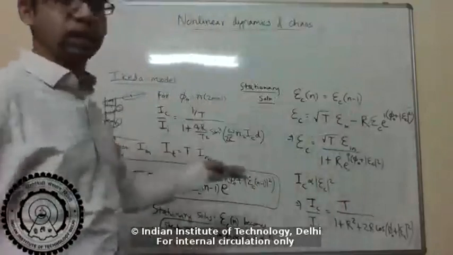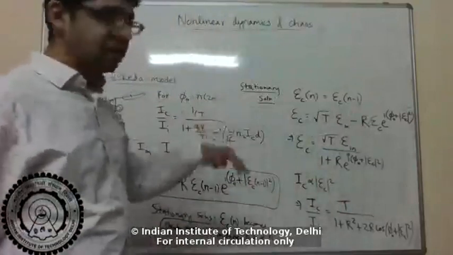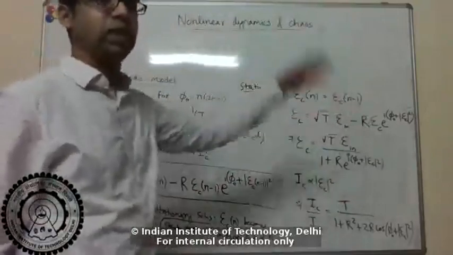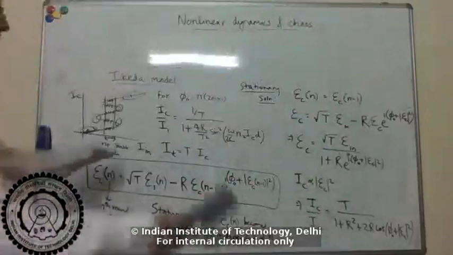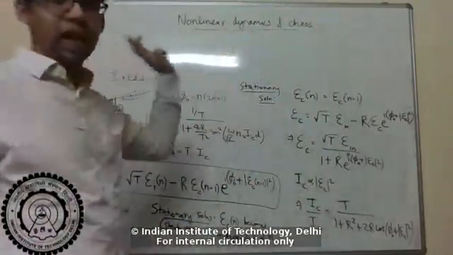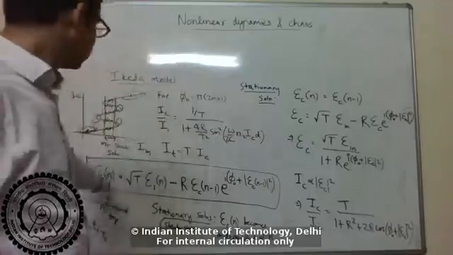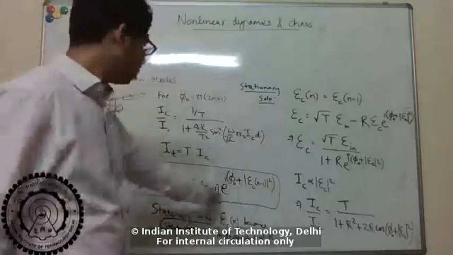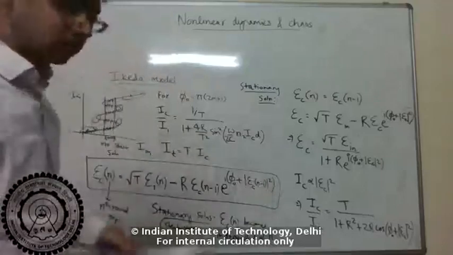So even for a constant input intensity, the cavity field or the transmitted intensity will keep fluctuating with time. And it's not coming from any randomness or any unknown fluctuations. It's just coming from a deterministic equation due to the nonlinearity.